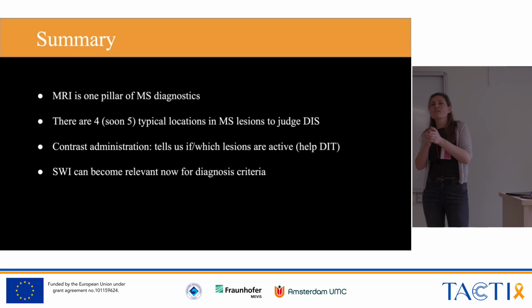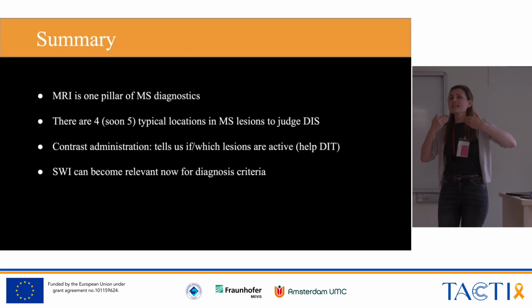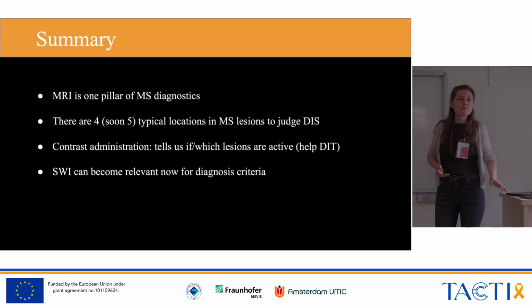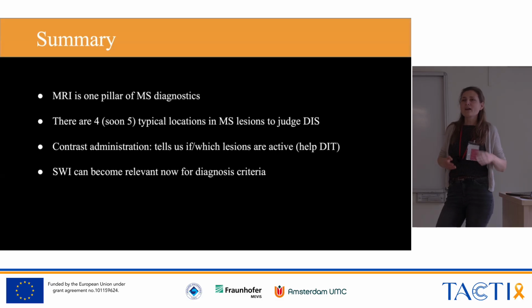Okay, what do I do with it? You have patients who have predominantly juxtacortical lesions, but hardly any paraventricular lesions, or only paraventricular lesions, or patients who have only supratentorial lesions, but not a single spinal cord lesion and not a single infratentorial lesion, and somehow you have to deal with this. So they all have the same diagnosis, but they just do not look very similar.